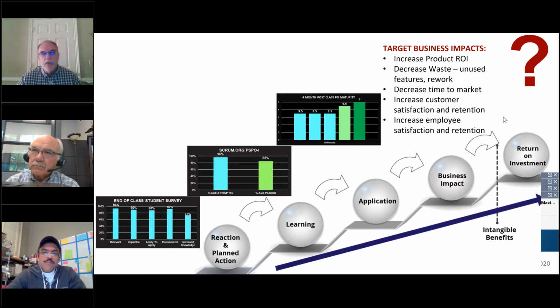So there's a lot of opportunities for decreasing waste if you successfully implement the principles of this learning. Decreasing time to market, being able to deliver things in a more timely manner, being more agile, if you will, increasing customer satisfaction and retention, and increasing employee satisfaction and retention.